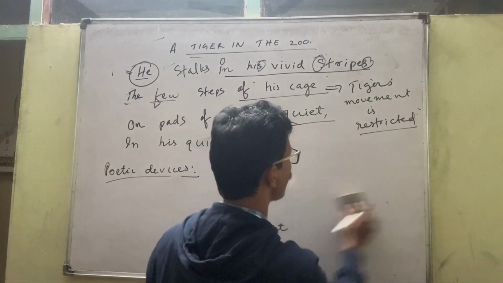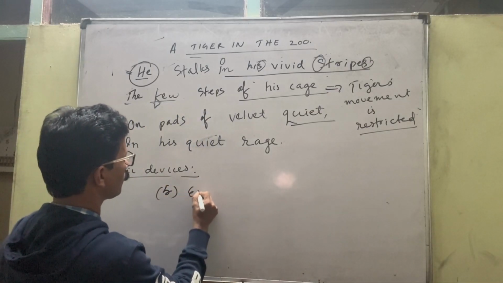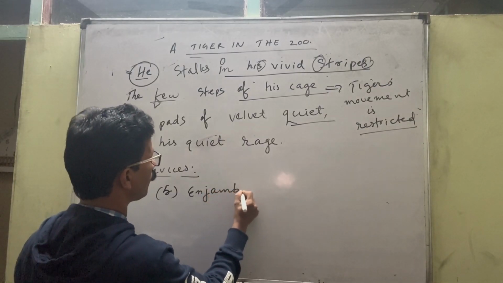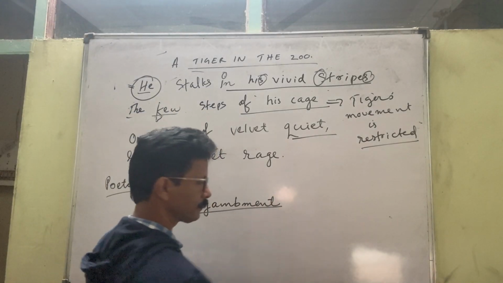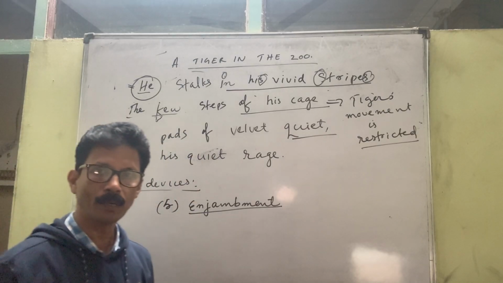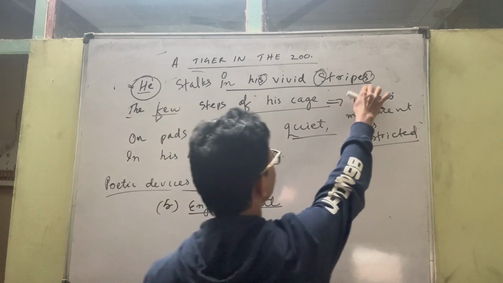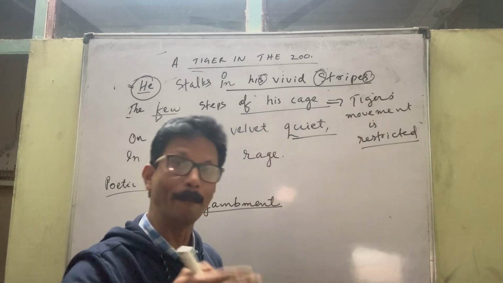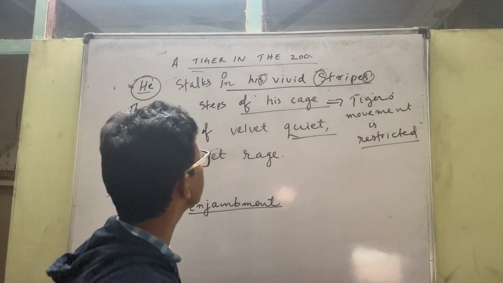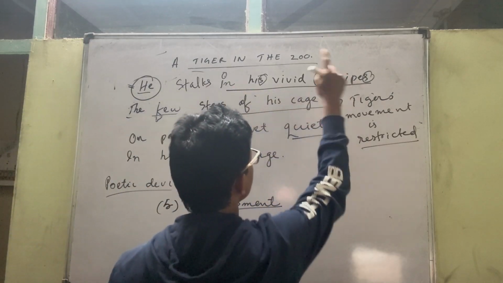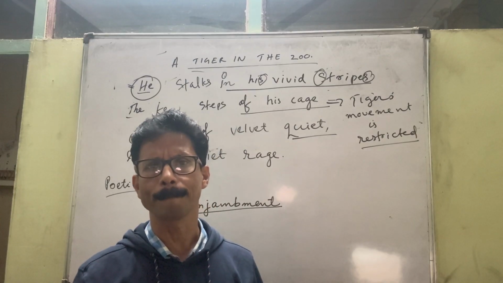Another one is number 5. The next poetic device is enjambment. What is enjambment? Before explaining what enjambment is, look at one thing. This line is written on the board, that is why it may not be clear, but look at your book, the first two stanzas: he stalks in his vivid stripes. Generally at the end of a sentence we put a punctuation mark.